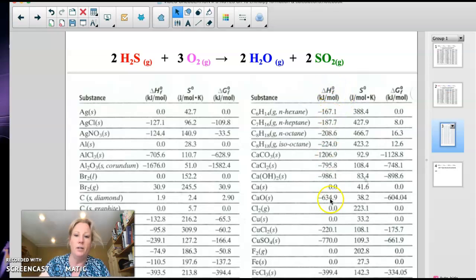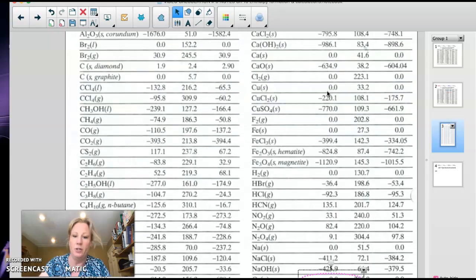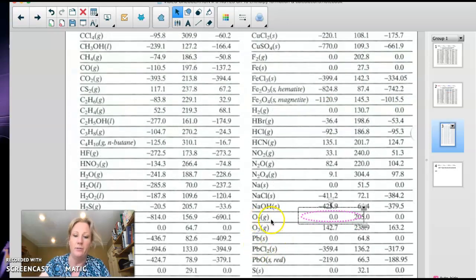Notice the columns here. These are also heat of formation. Some of the values are the same on the front and the back, and then there might be additional ones back here. We'll talk about these other two columns later too. But anyways, if you look at the heat of formation and you find the oxygen gas, you'll find that it's 0. So if you happen to forget, you can always look it up.